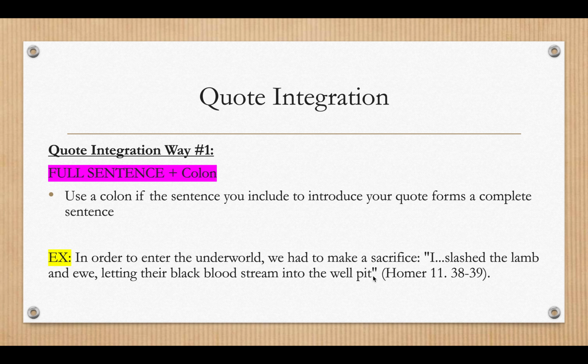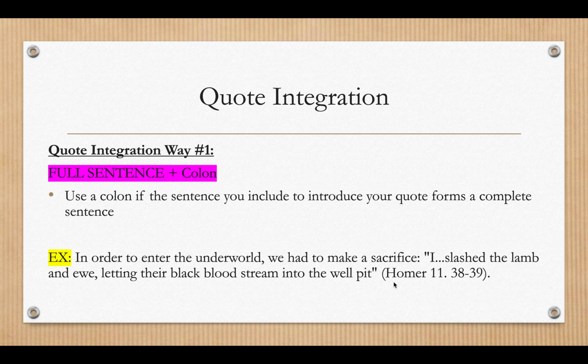The only time I would leave a punctuation mark inside the quotation mark is if it's a question mark or an exclamation point. Any other time, I'm going to move that comma or period to the very end, okay?